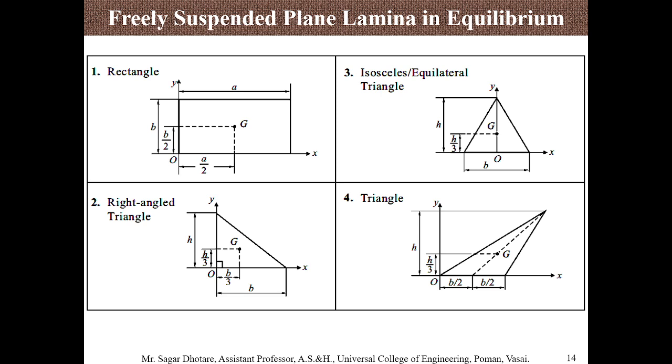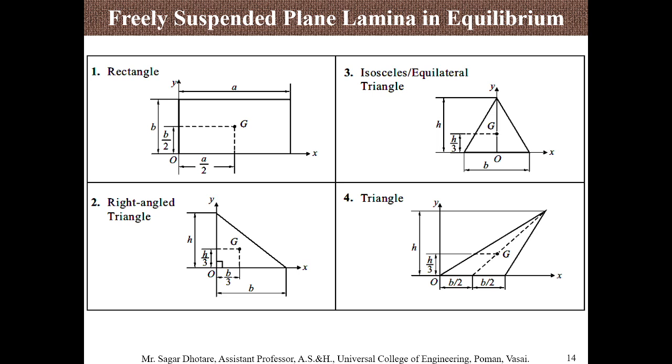Now, to summarize a few standard geometries: for a rectangle, the value of x bar is equal to a by 2 and the value of y bar is equal to b by 2. In an isosceles or equilateral triangle, x bar is equal to 0 as the y-axis is symmetrical, so the value of y bar is equal to h by 3.